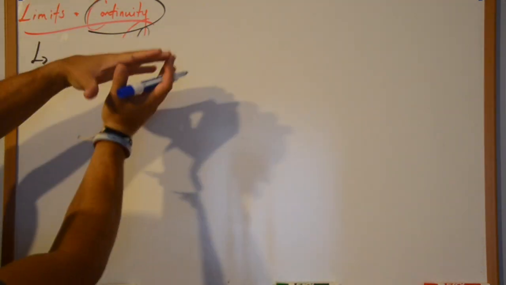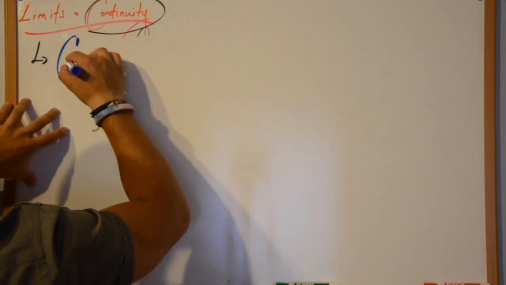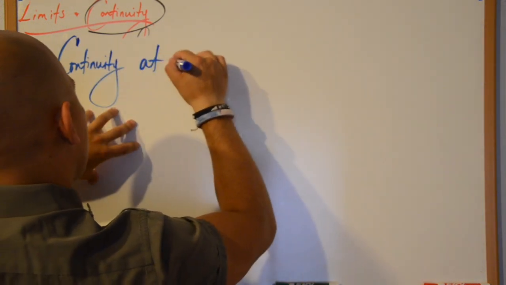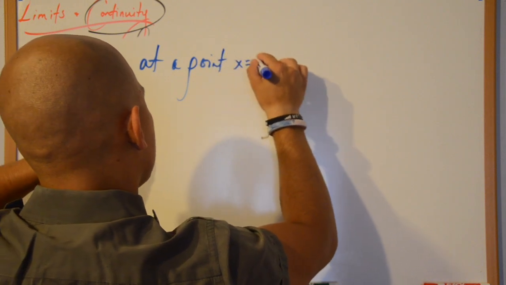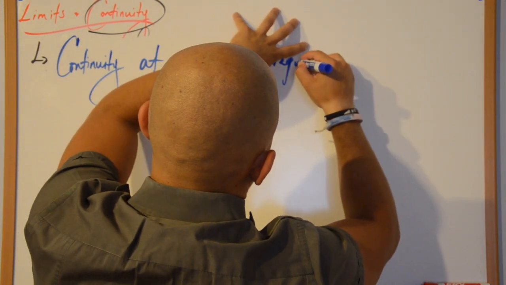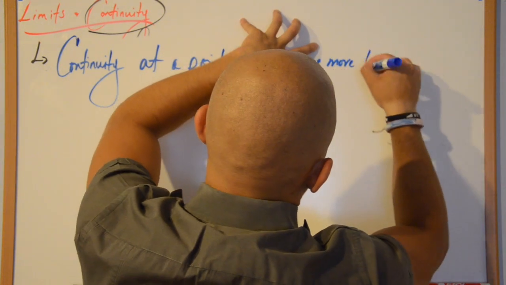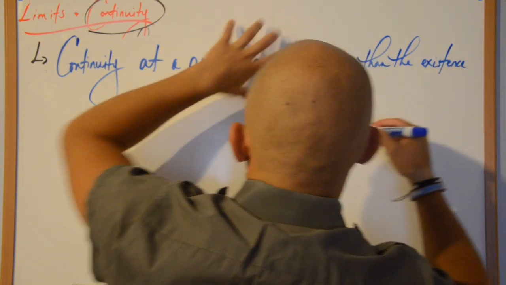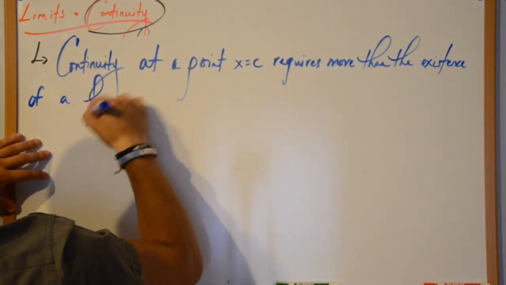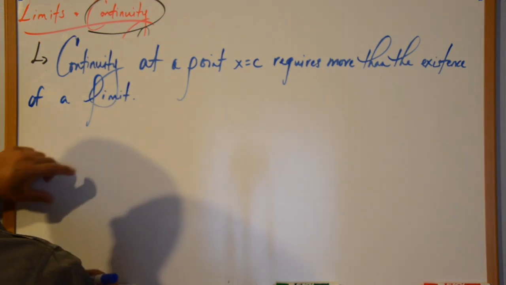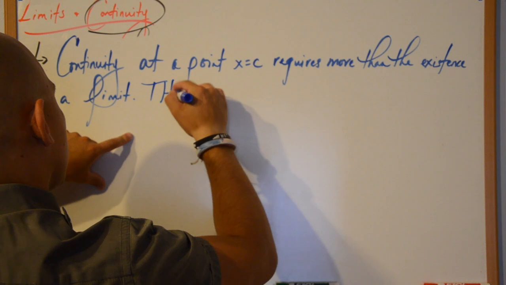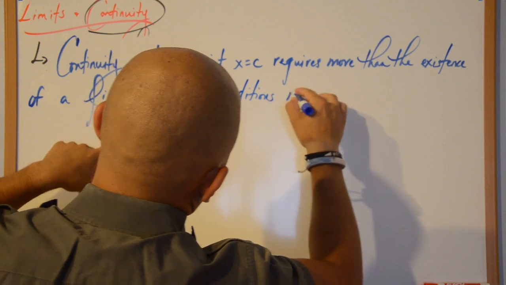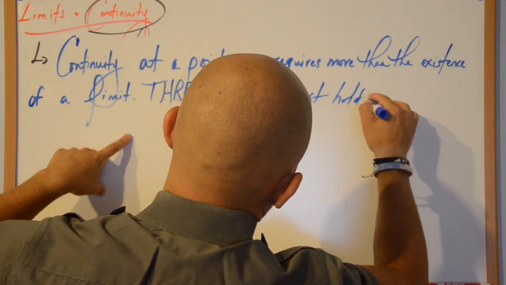To summarize those 5 lines of text, we can say continuity at a point x equals c requires more than the existence of a limit. Three conditions must hold.